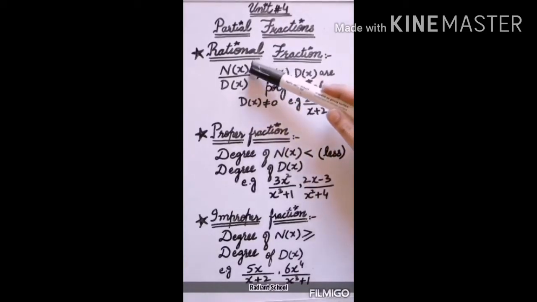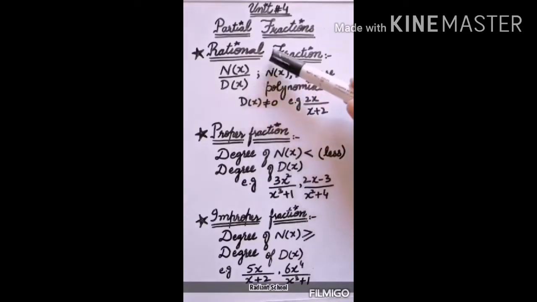These are polynomials, means if you have a fraction in which your numerator is a polynomial and your denominator is also a polynomial, then this type of fraction is said to be a rational fraction. Inside the bracket, this x represents that you have taken a polynomial in the variable x.